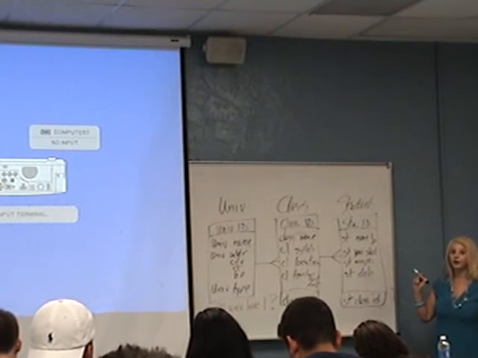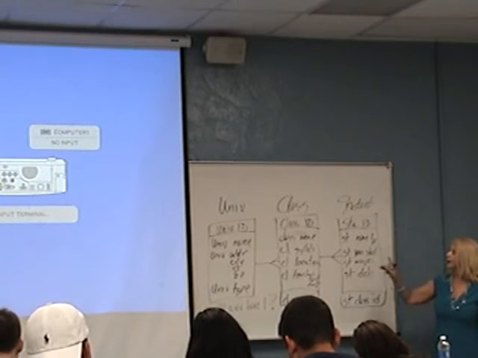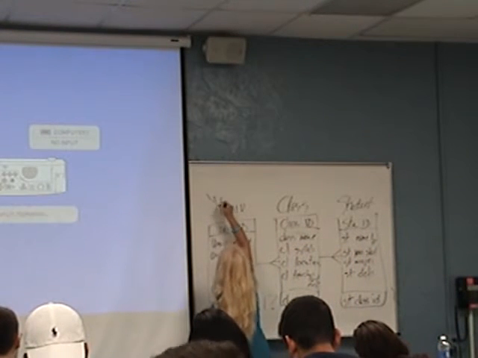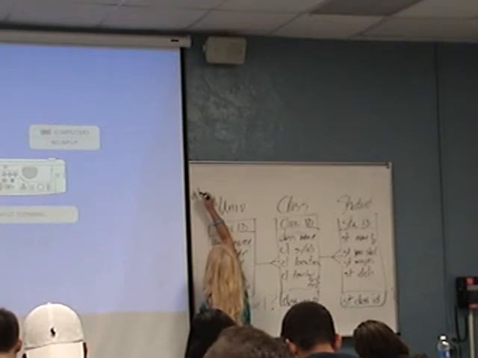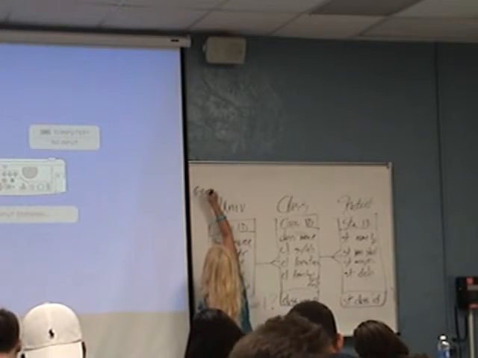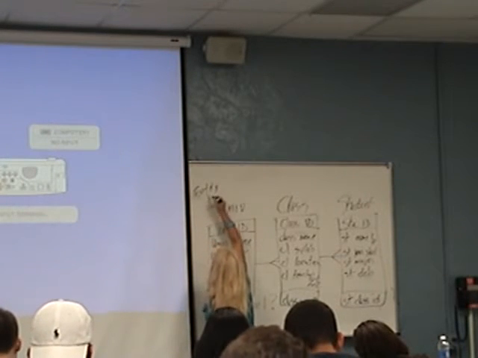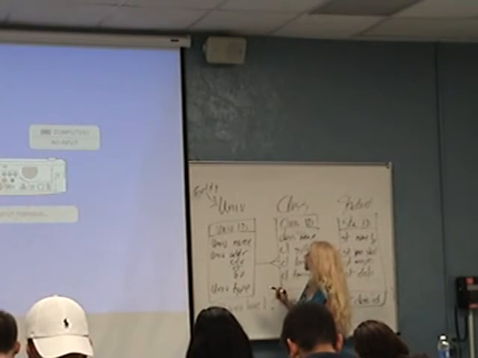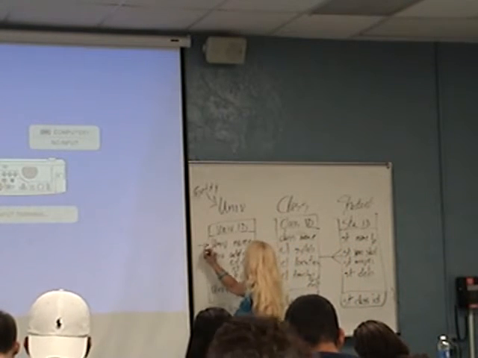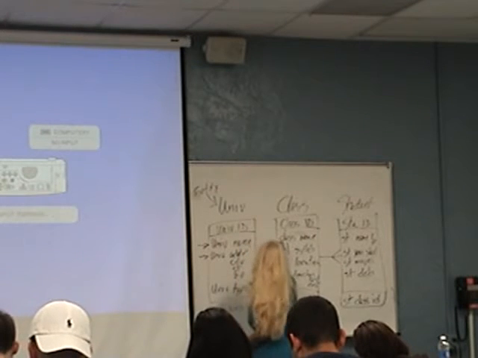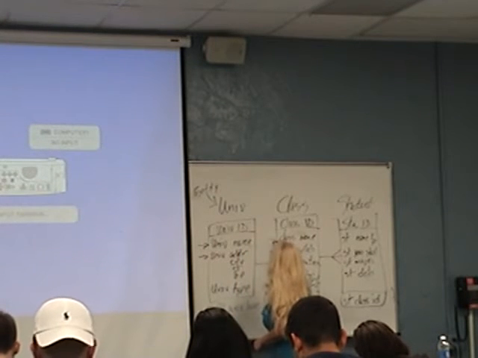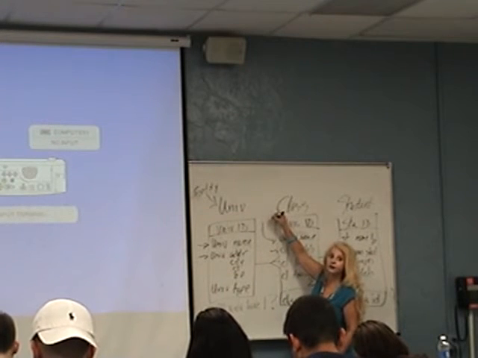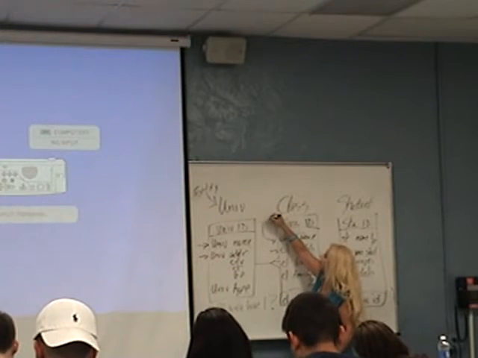All right. Let's get into a little bit of terminology. Each one of these, again, is called an entity: university, class, and student. Each one of these has attributes.